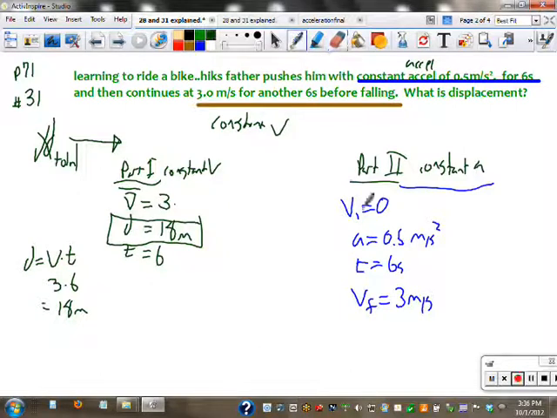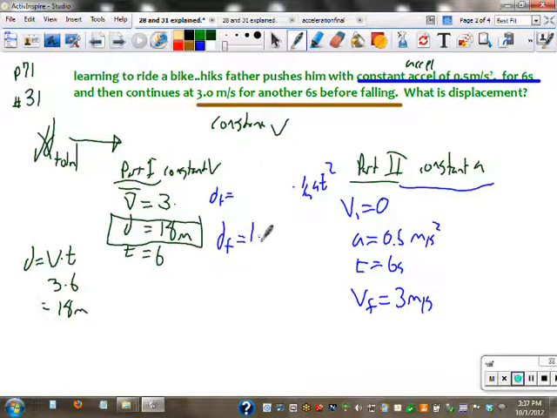When velocity initial is 0, I prefer this one. And I'm going to do it where I have some room. Distance final equals distance initial plus velocity initial times time plus 1/2 AT squared. Distance initial is 0, velocity initial is 0, so I can get rid of those. Distance final equals 1/2 AT squared.